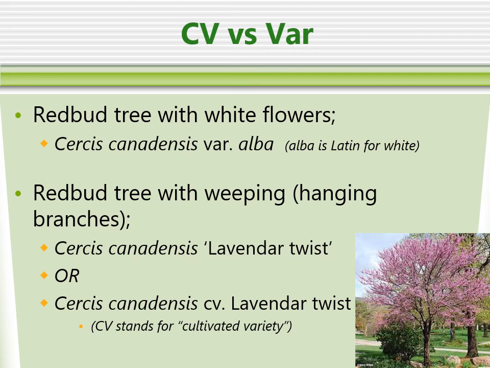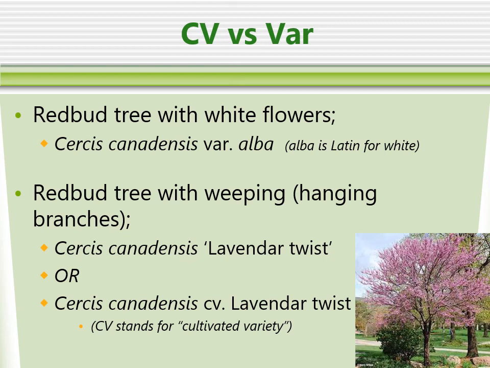So now if you look at how it's written, with the Cercis canadensis alba, there is a VAR, which is short for variety. That is not italicized. That's an important thing there. With cultivars, you have two choices, depending on who's writing it. You can just write the genus species, and then you put single quotation marks around a non-italicized name.